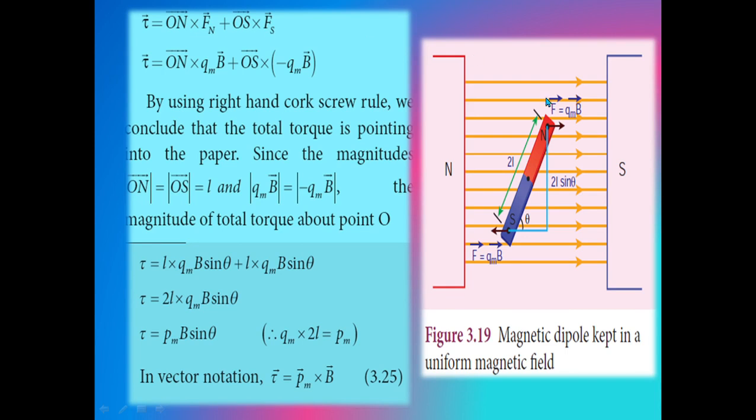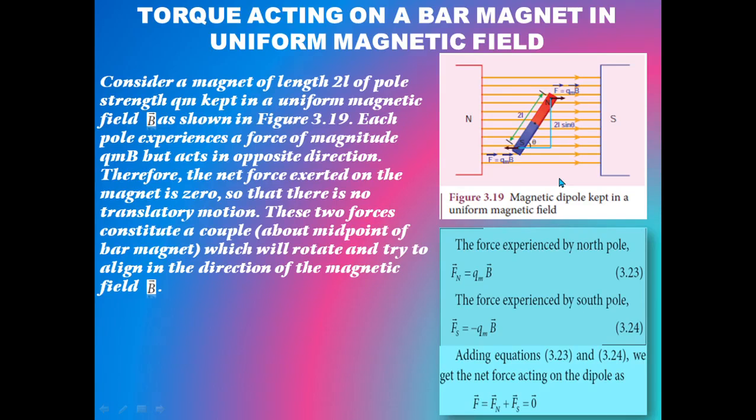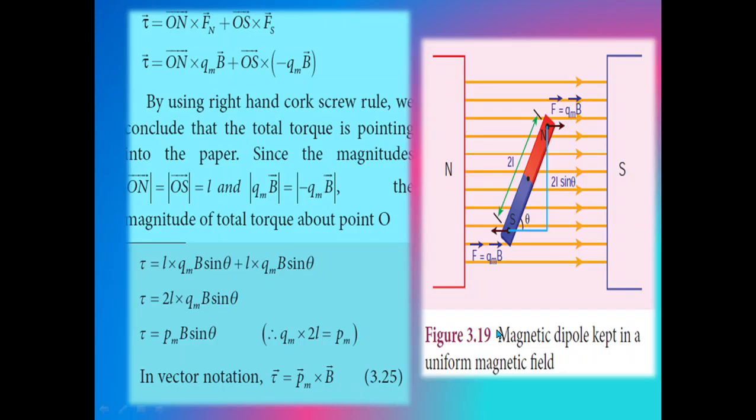Here Fn vector is QmB vector and Fs is minus QmB vector. Substituting these values, we obtain ON vector cross QmB vector plus OS vector cross minus QmB vector. By using the right hand corkscrew rule, we conclude that the total torque is pointing into the paper.